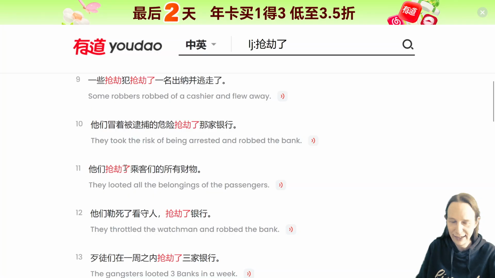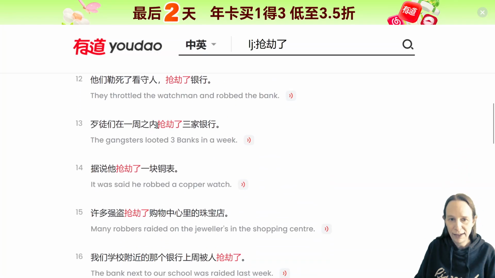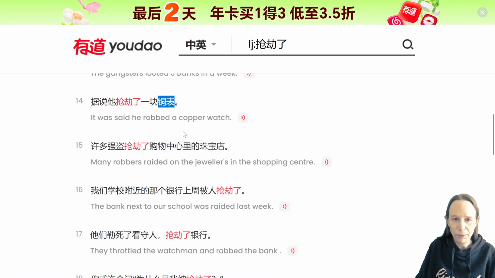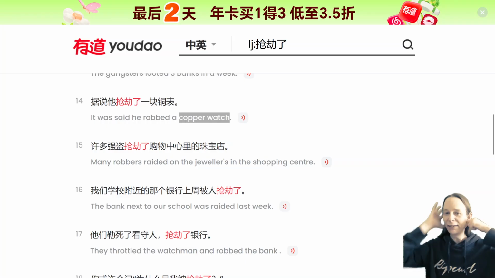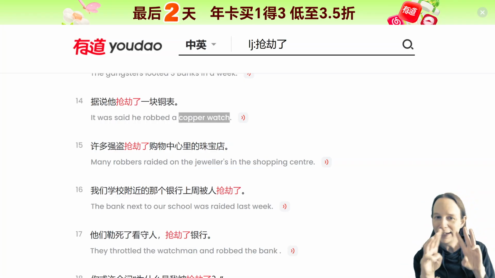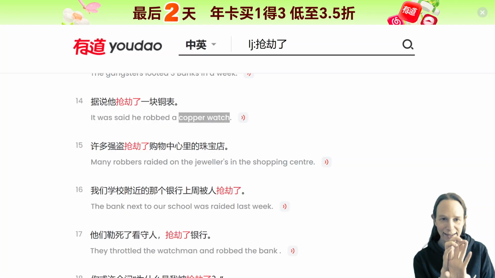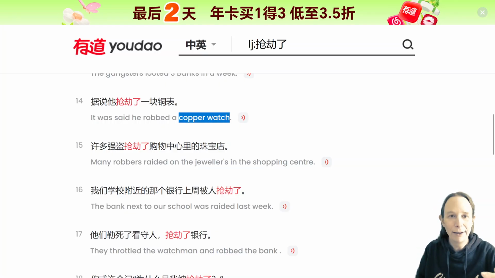Is that right? 抢劫了三家银行，抢劫了一块铜表 copper watch. Yeah, so there are three different objects it can take. So rob me or rob a person, rob a bank, or rob goods, right? A little bit different. All right.